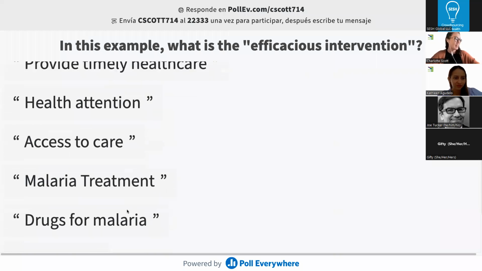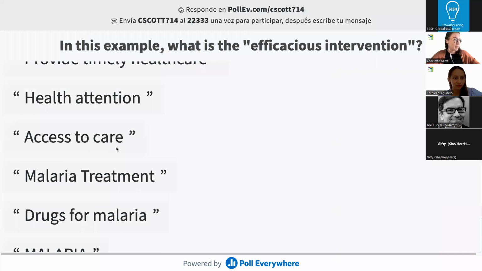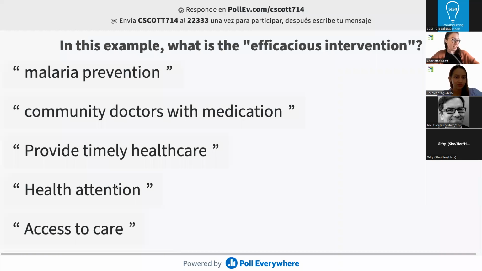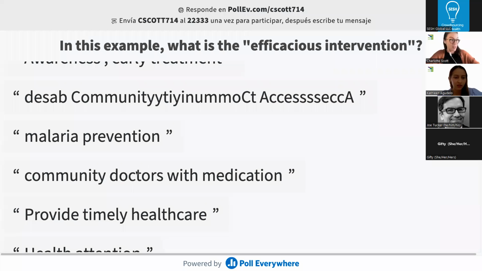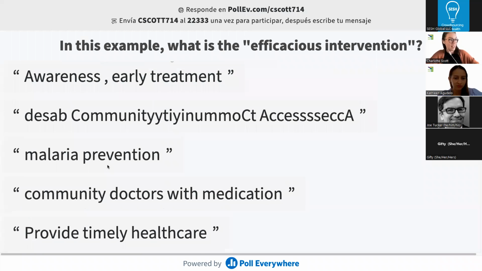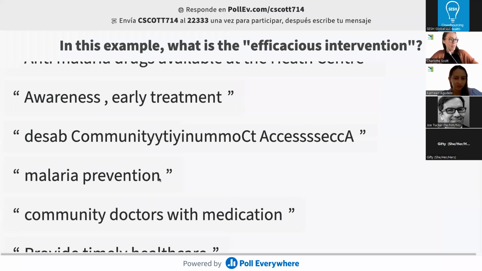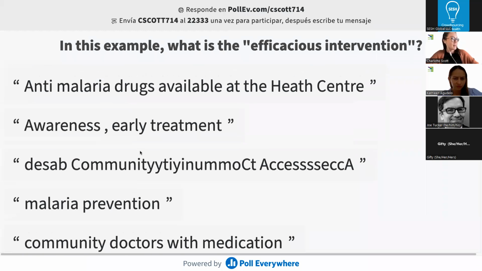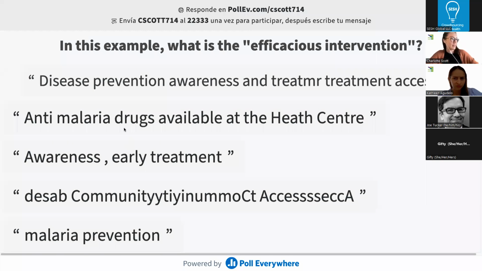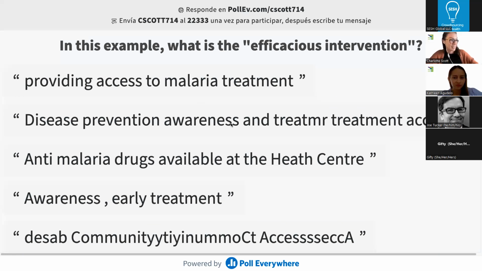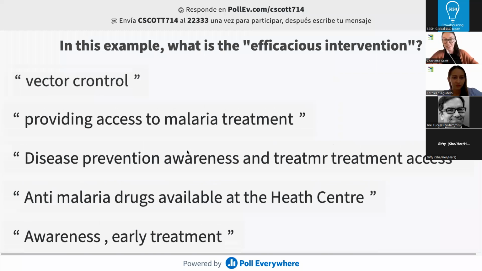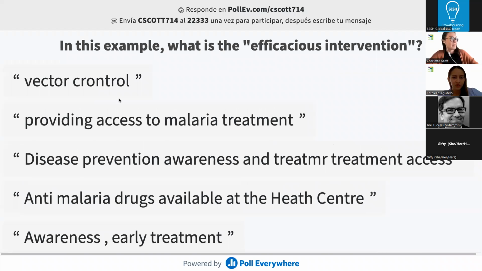So we have drugs for malaria, malaria treatment, access to care, health attention, timely healthcare, definitely. Community doctors with medications. We'll get into the provision of the treatment as well. Awareness, early treatment, the availability of drugs, access, prevention and awareness, definitely. Vector control, great.